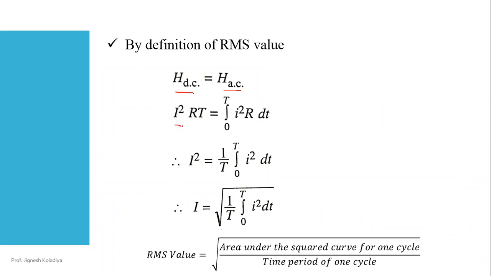HDC is I square R into capital T, equal to HAC, which is integration of 0 to T I square R into dt. Now R is cancelled because it is constant, so you can write it before the integration.